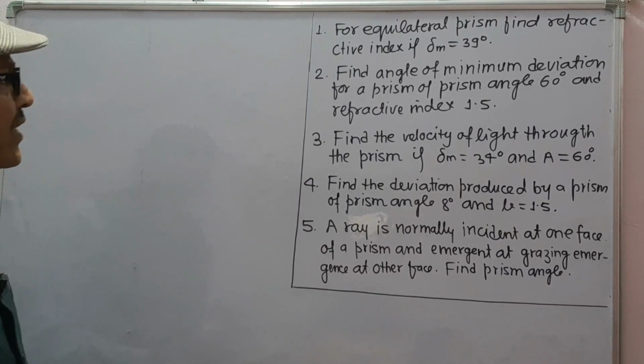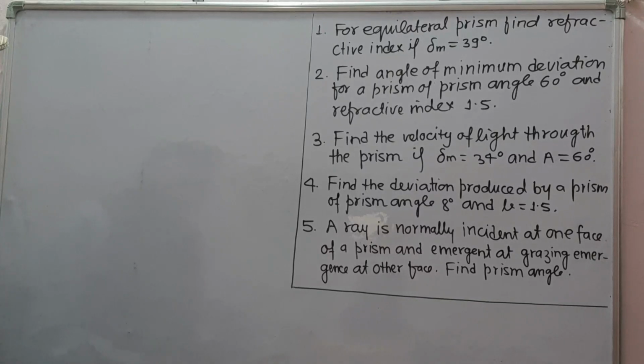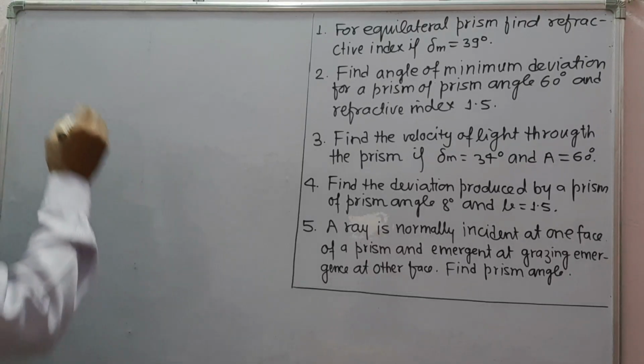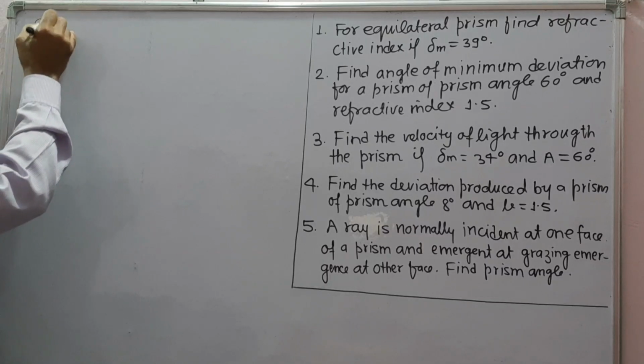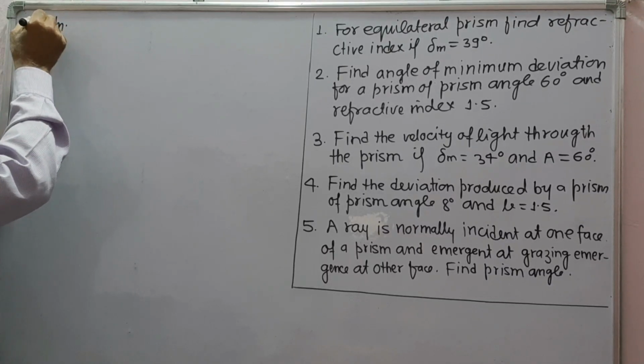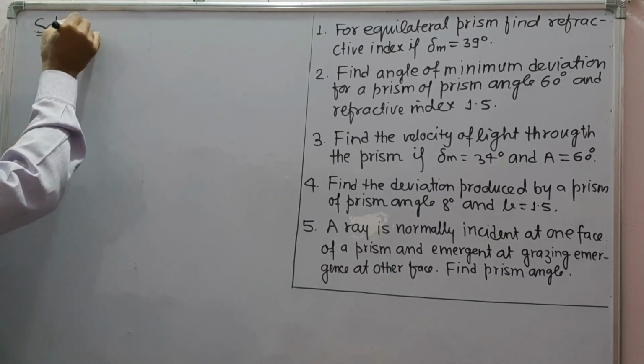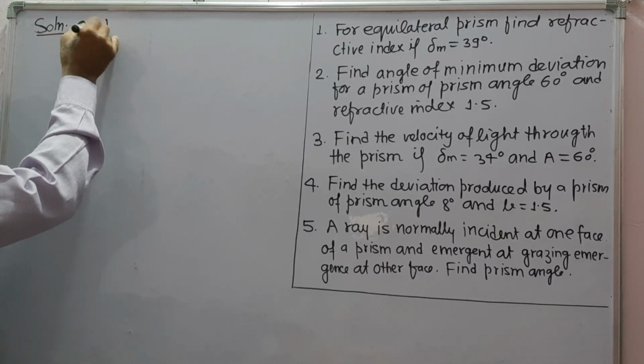Now question number 1. For equilateral prism, find refractive index if delta m, that is minimum deviation, is 39 degree. Solution to question 1.